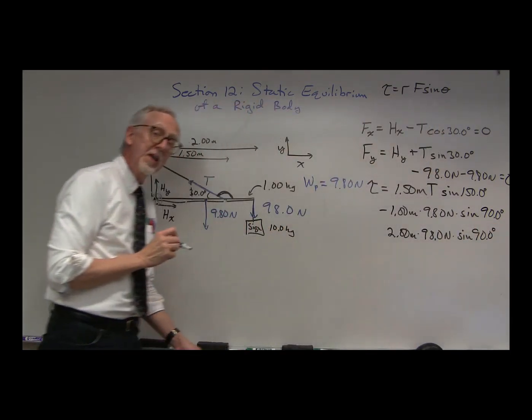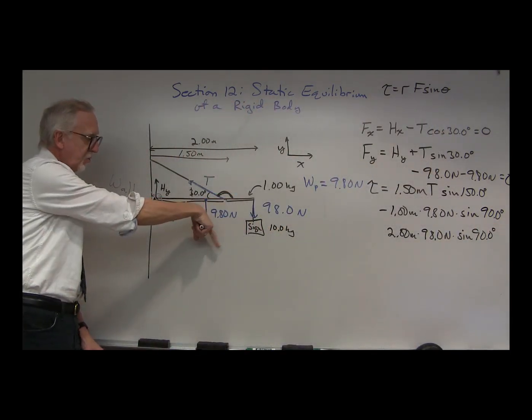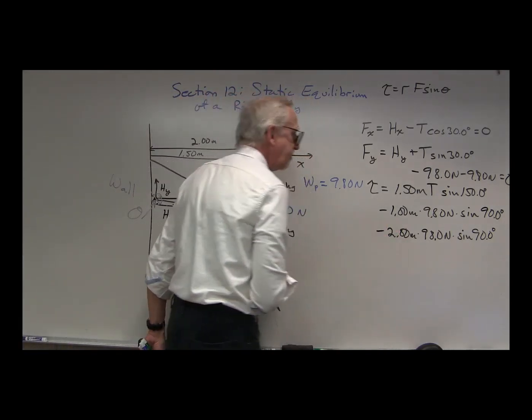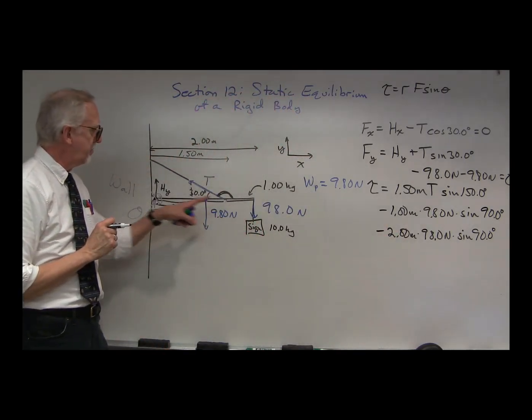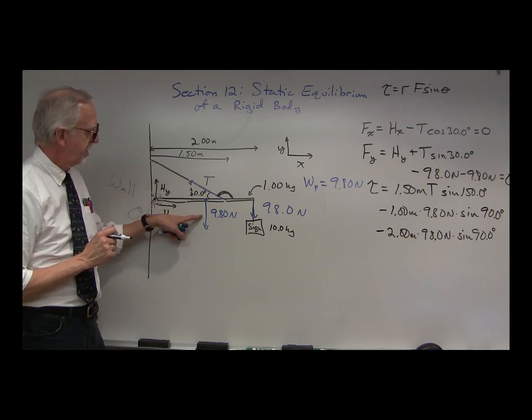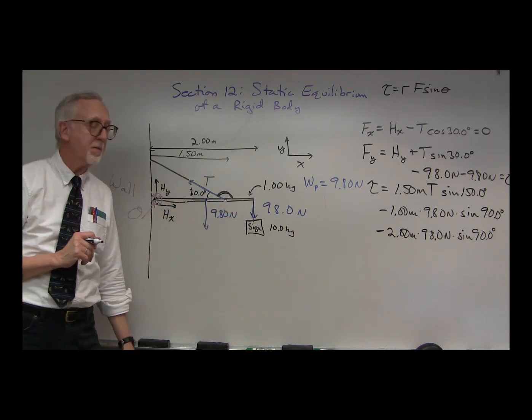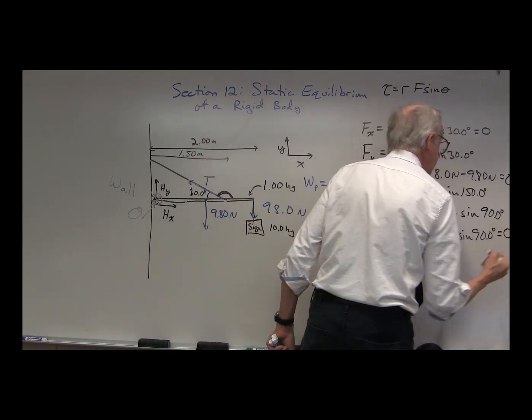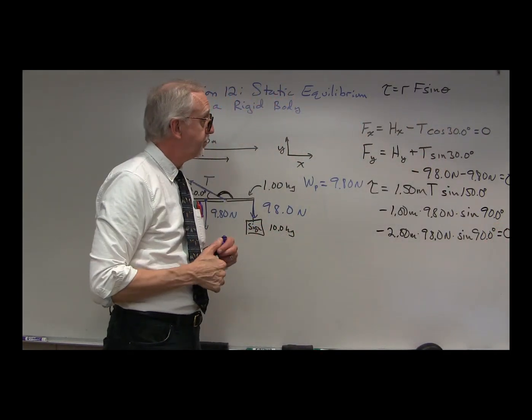And is that a positive or negative torque? That is tending to rotate the pole in a clockwise direction, so that is a negative torque. There we go. That's all of them. Hinges, tension, weight of the pole, weight of the sign, that's everything. All of that must equal 0.